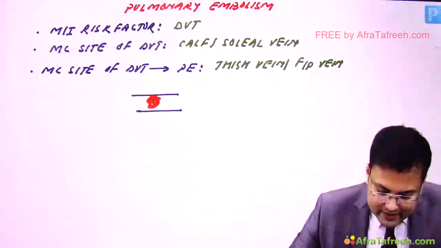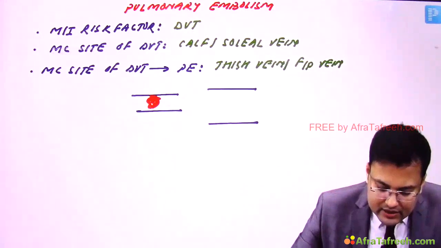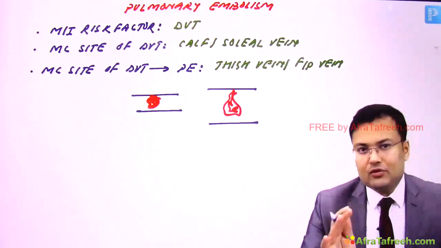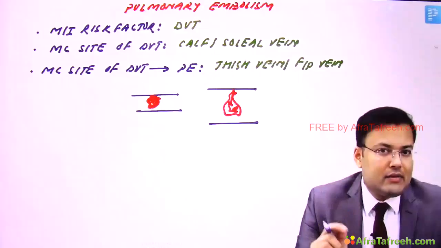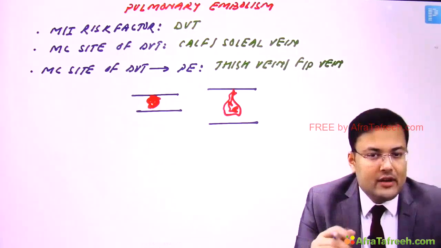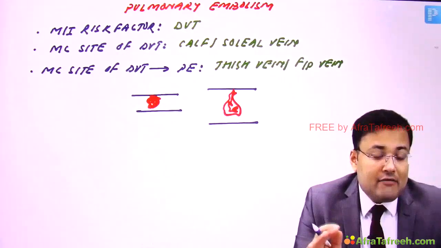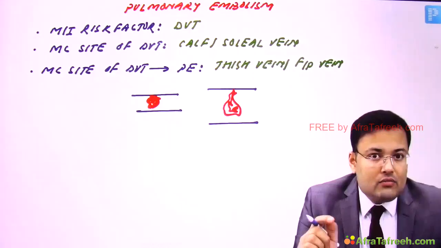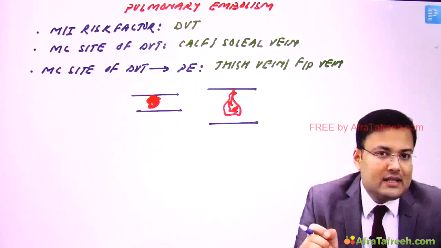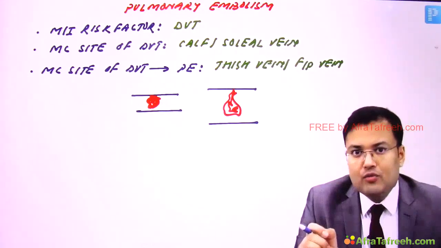If the vein has a larger diameter or larger caliber, here the thrombus is loosely attached. And if the thrombus is loosely attached, there is increased risk of pulmonary embolism. So you can see the most common site of DVT is the calf vein or soleal vein, but the most common site of DVT leading to pulmonary embolism is the thigh vein or femoropopliteal vein.